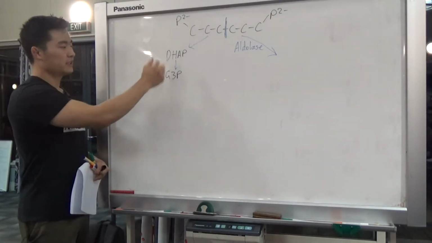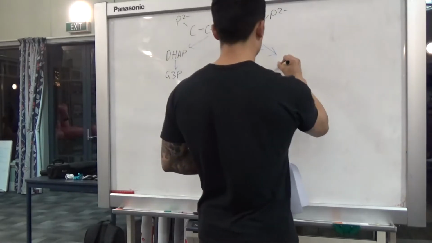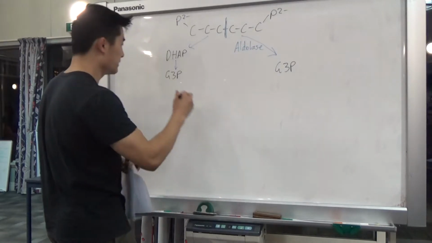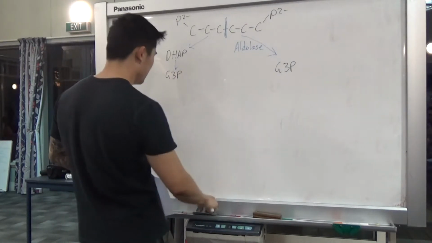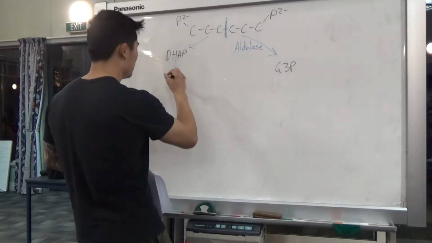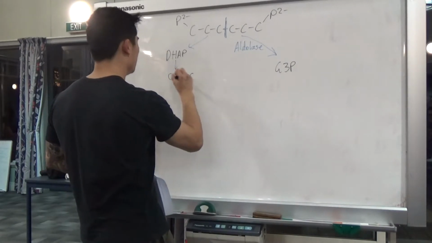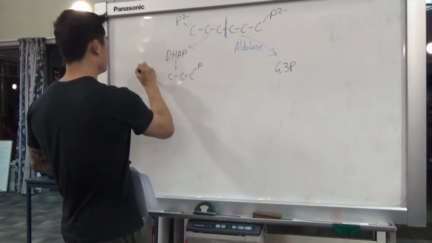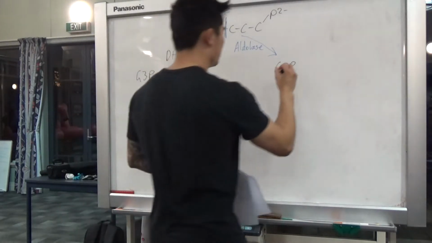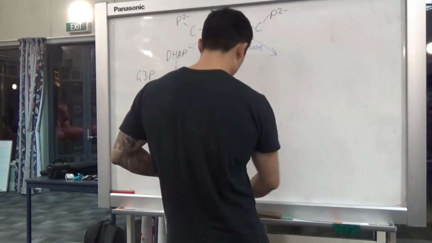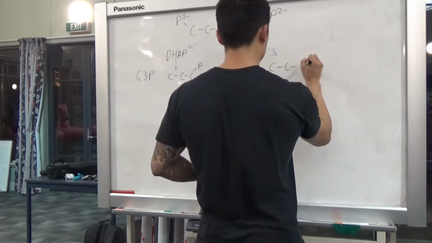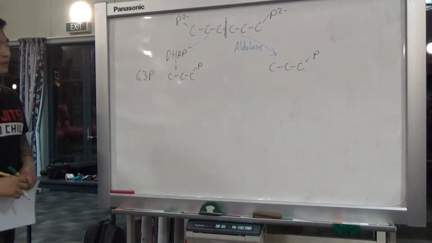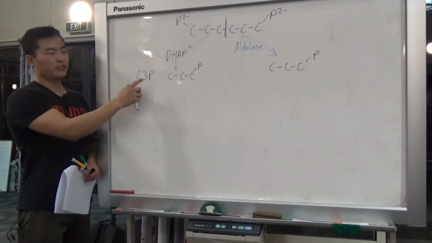Just remember that this one also turns into glyceraldehyde 3-phosphate. So this one here is a 3-carbon molecule, and it has a phosphate. So it's G3P, and it's going to be the same on this side. So carbon, carbon, carbon, phosphate.